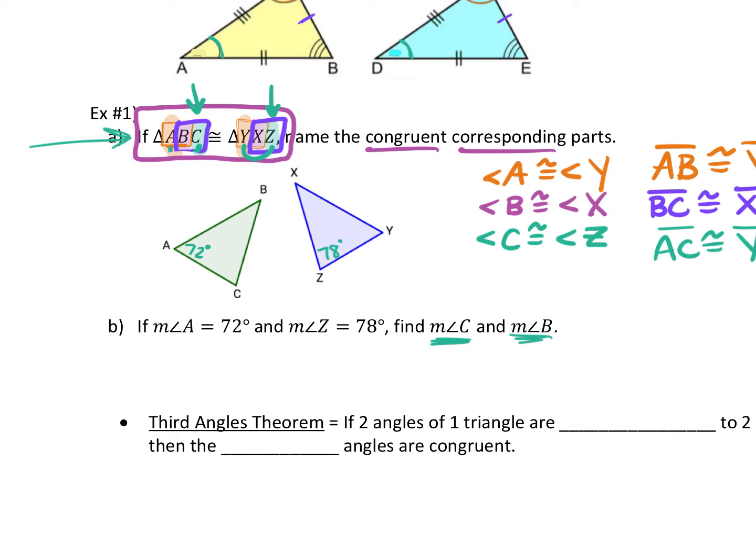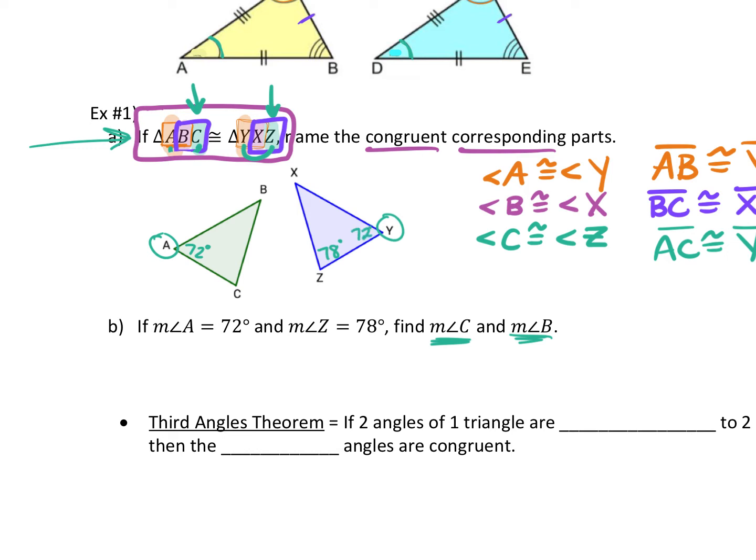They told us at the beginning of the problem, ABC is congruent to YXZ. We said, okay, well that means A corresponds to what angle? Y. So if the triangles are congruent, then their angles are congruent. That means angle Y is how many degrees? 72.